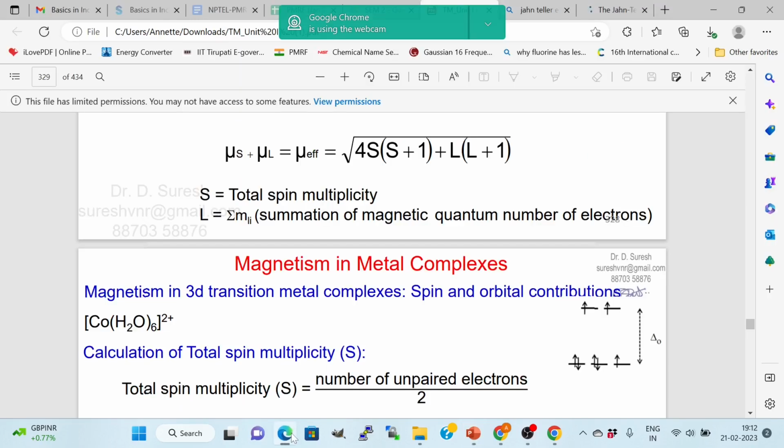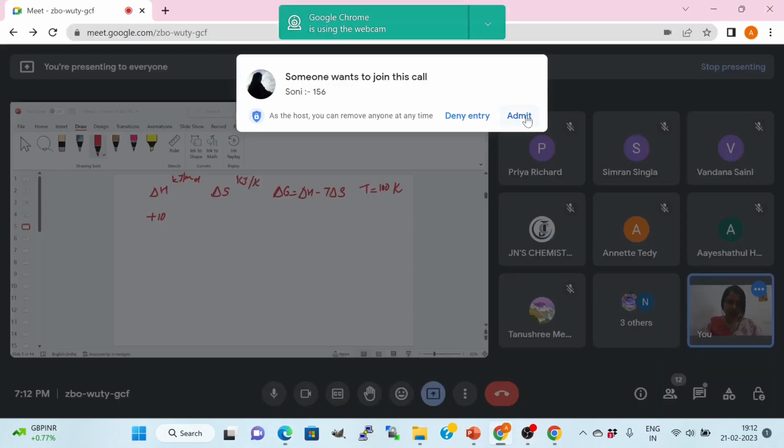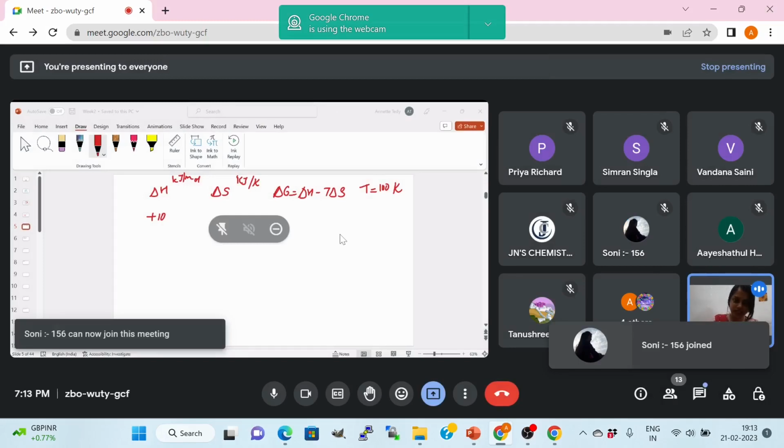Am I still audible, or did my internet connection get disconnected? Okay.